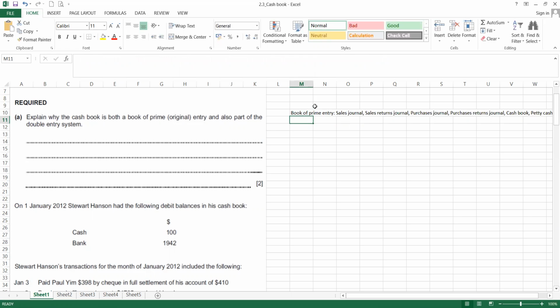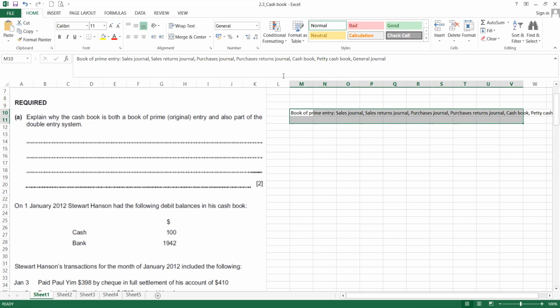So this topic is related to all the exercises for this, which is related to the cash book.